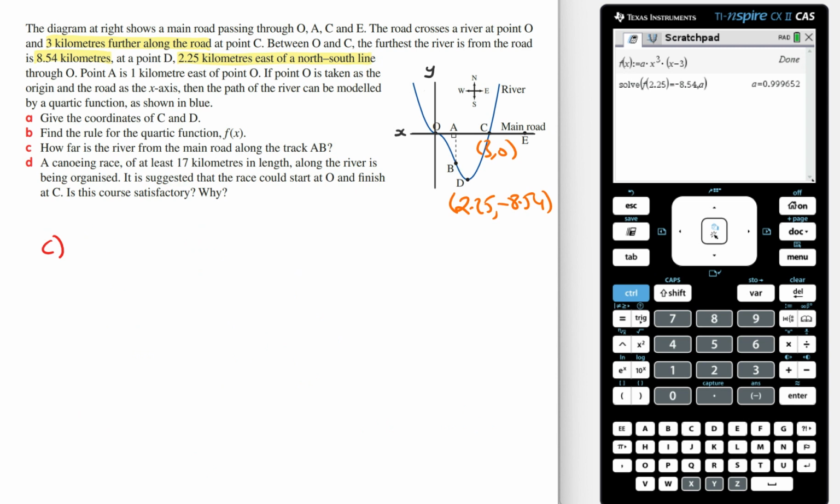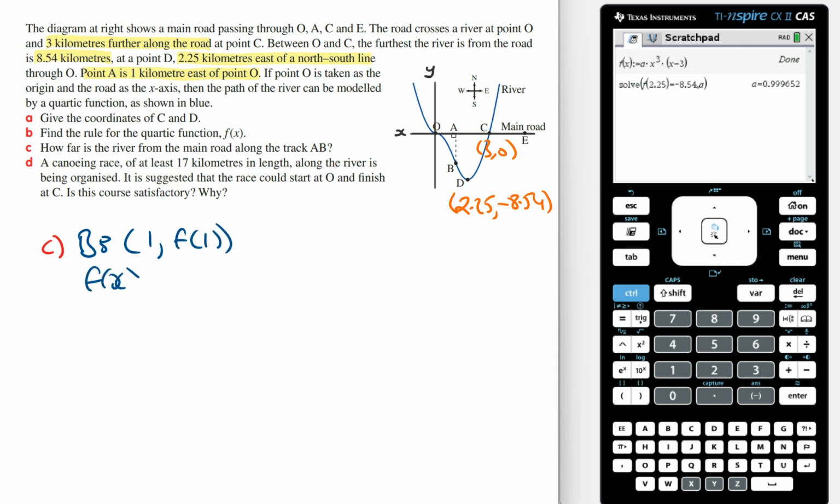Part C. How far is the river from the main road along the track AB? To find how far the river is from the main road, we need to work out the distance of the track AB. Being a vertical line, we just need to work out the y-coordinate of the point B. We're told that the point A is 1 kilometer east of the point O, and the point B is directly below the point A. And so this means that the x-coordinate of the point B is going to be 1, and its y-coordinate is going to be f(1).